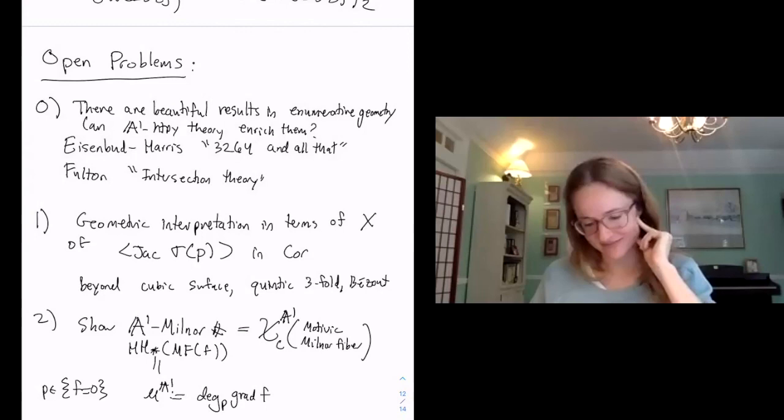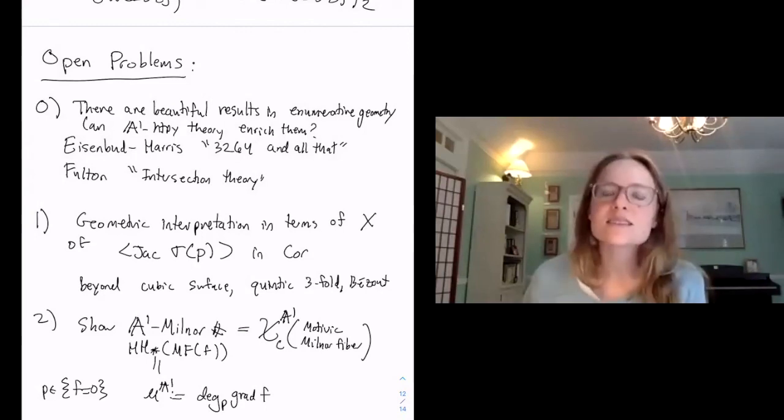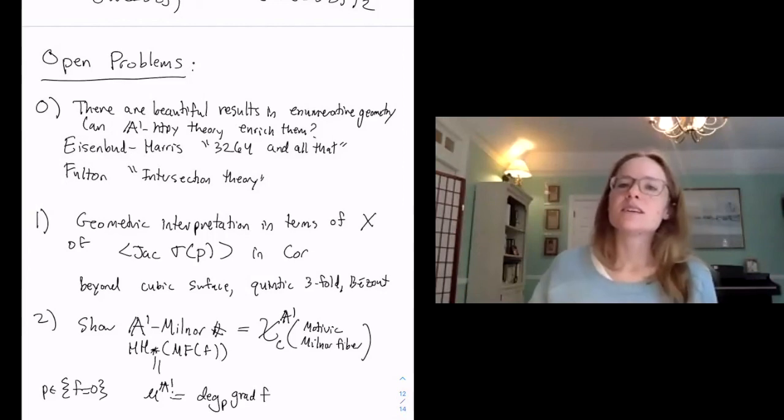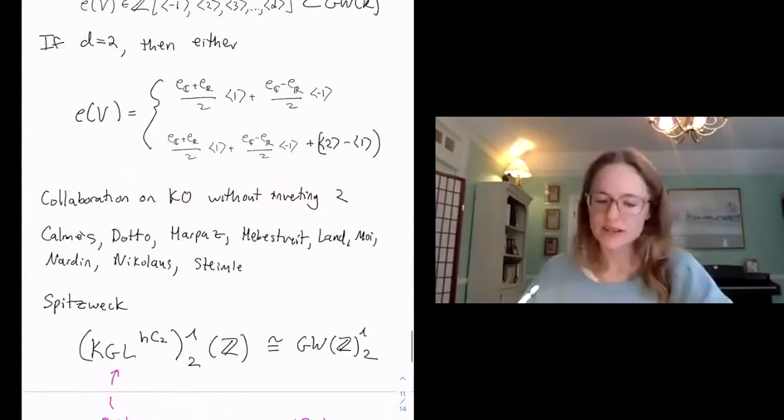Yes, so over a finite field, the three planes that give you a square.